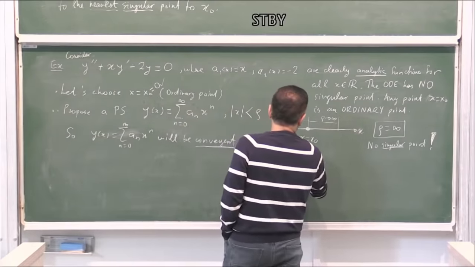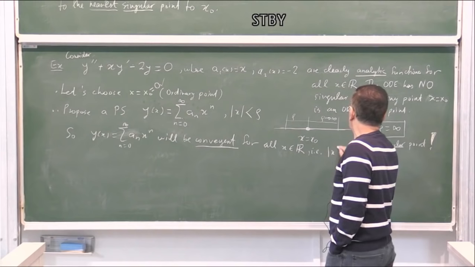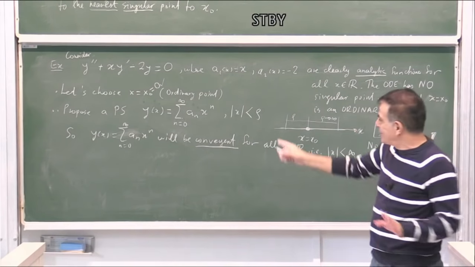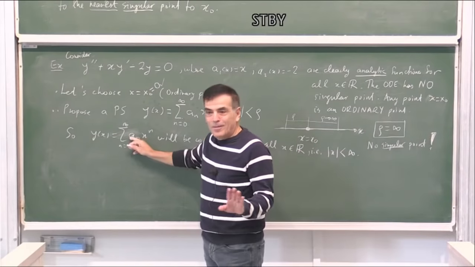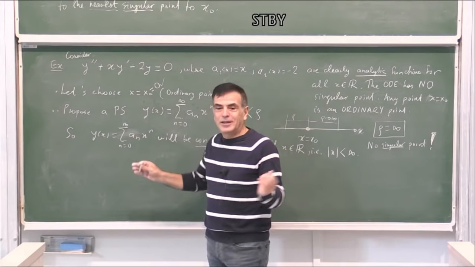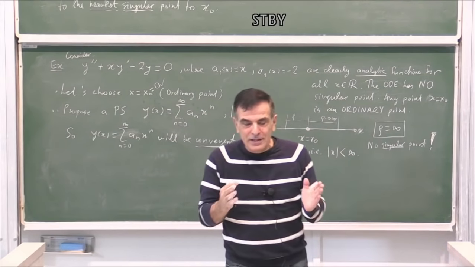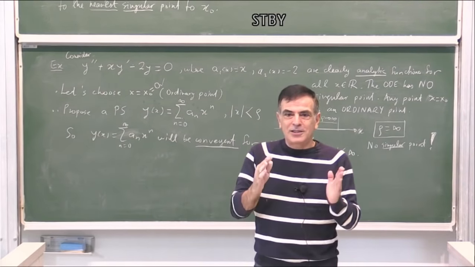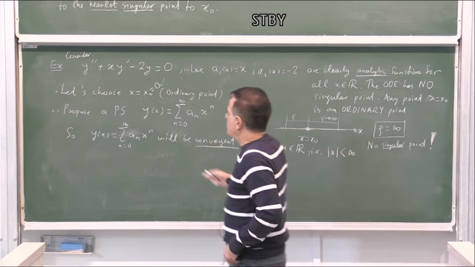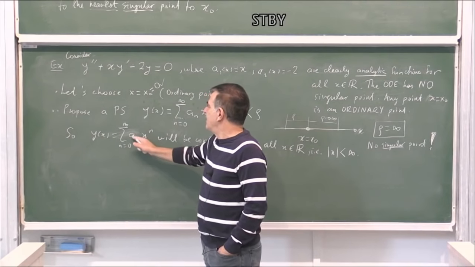So as you see, without making the series solution explicit, without calculating the coefficients, we see that such a power series representation of the solution should converge everywhere. Good? So it remains only to find a_n.